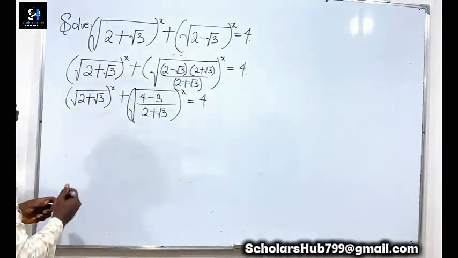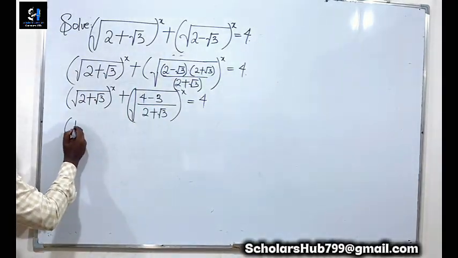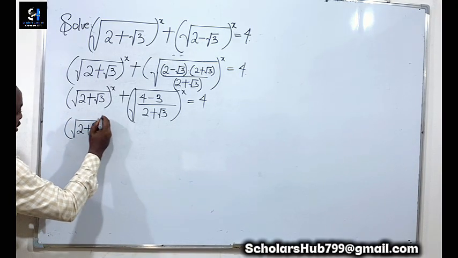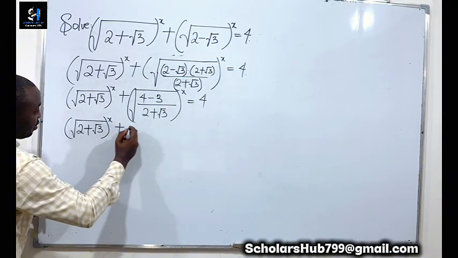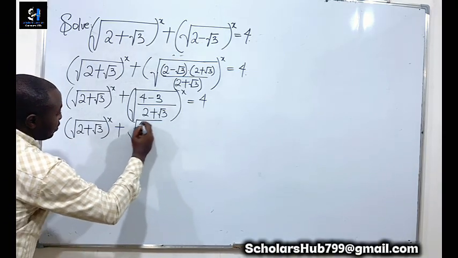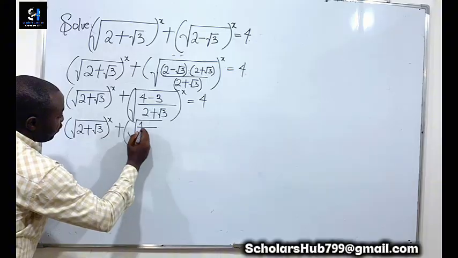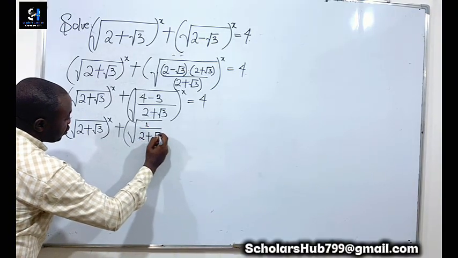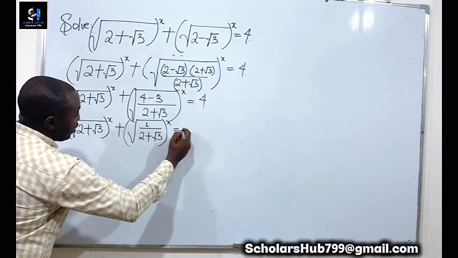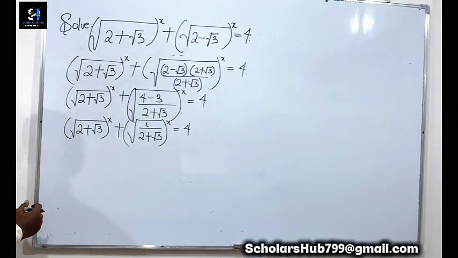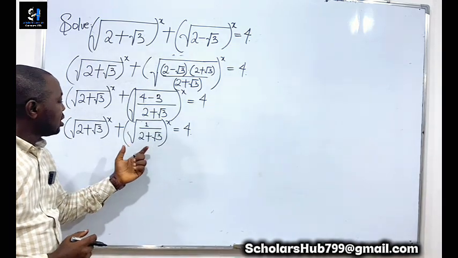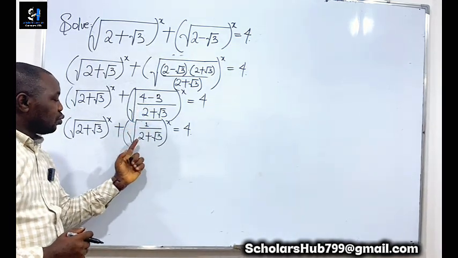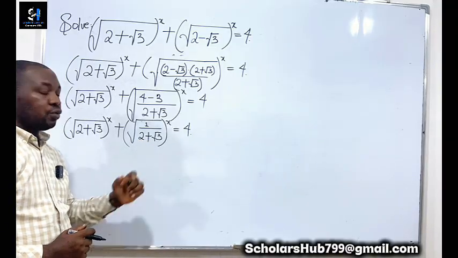4 minus 3 is 1. So I'll write this again: parentheses radical 2 plus root 3 raised to the power of x plus parentheses radical 1 over 2 plus root 3 raised to the power of x equals 4. Now, this is the same as the square root of 1 over radical 2 plus root 3.